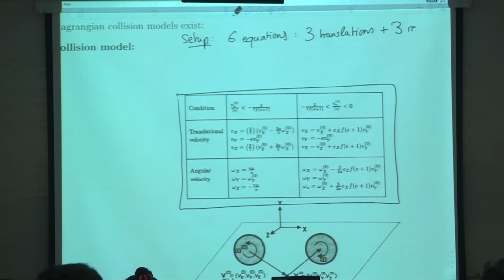And 3 for the rotational motion. And that's good news because there's really 6 unknowns from this process. We know everything about the incoming conditions. We suppose that we know everything about the materials. So the only thing we don't know is the outcoming velocity, both linear and angular. So we have 6 unknowns.